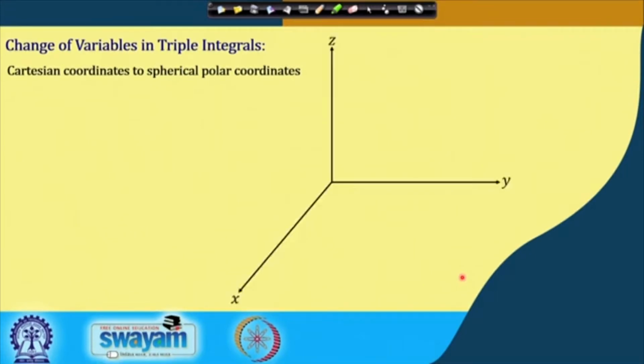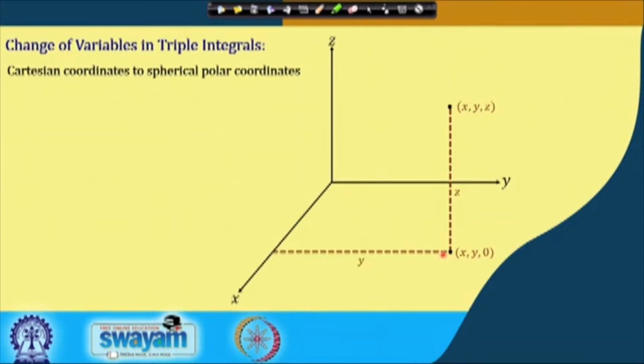So, here first let us take the Cartesian coordinates, and suppose there is a point x, y, z. When we are talking about the Cartesian coordinate, if we draw a perpendicular from this point to the x y plane, then this distance is the z coordinate, from this x y 0 point to this x y z point.